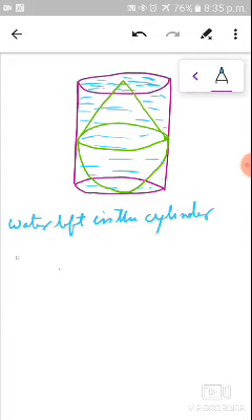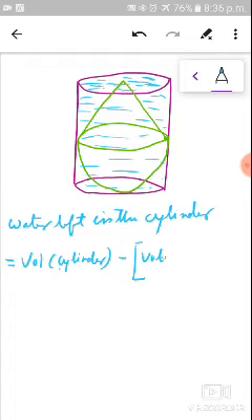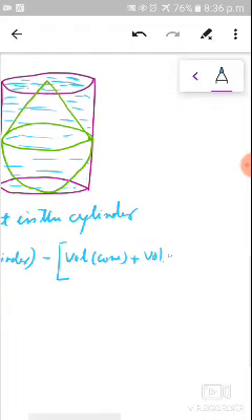equals volume of cylinder minus the volume of cone plus volume of hemisphere.